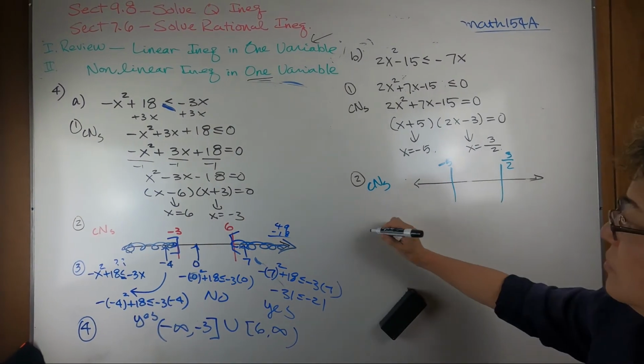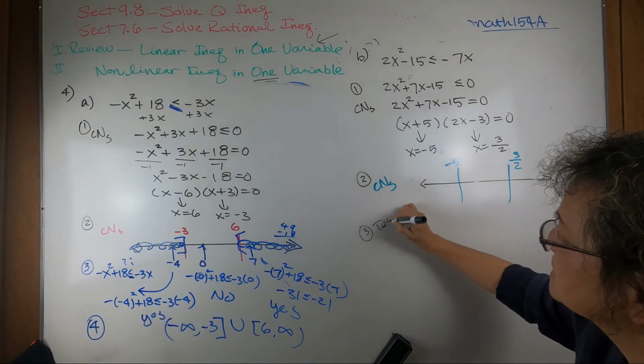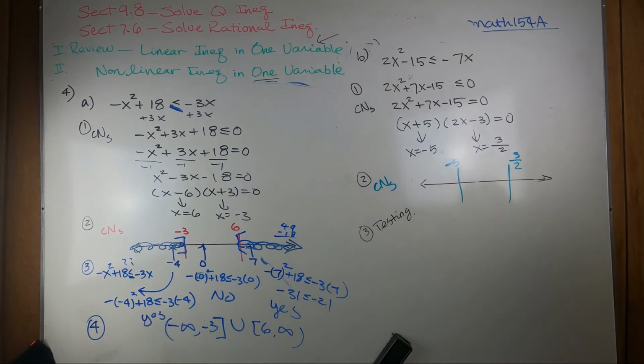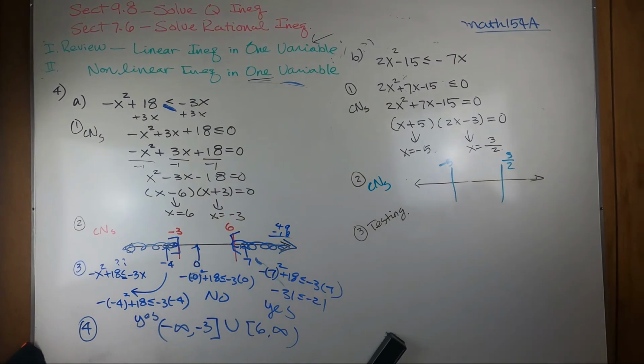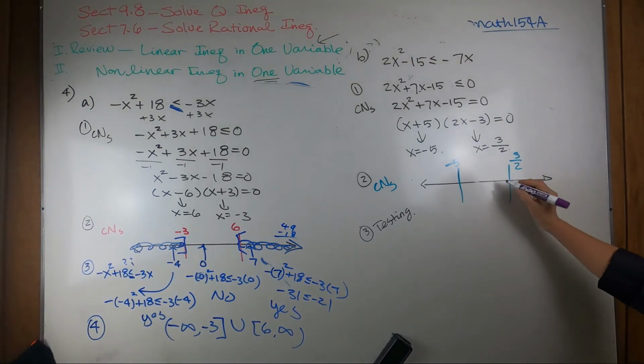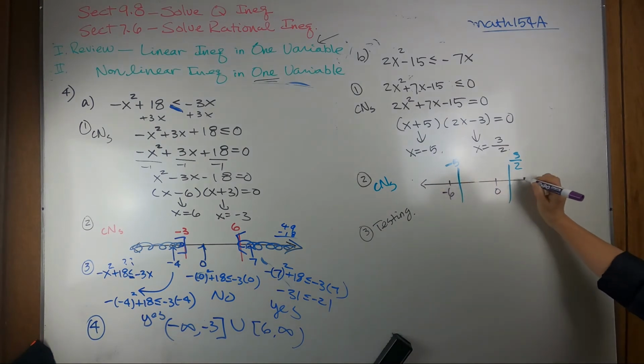Then the next one we do the testing, to see if the answer is in the middle or on the 2 sides. So probably you use 0 here, you use negative 6 here, and you can use 2 here.